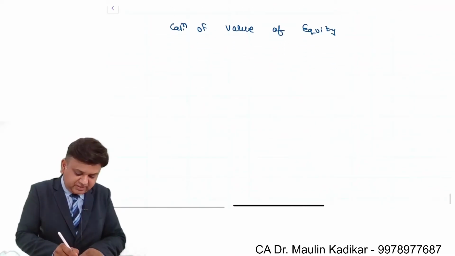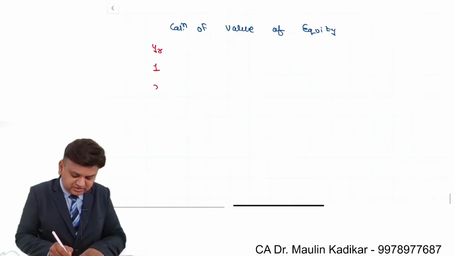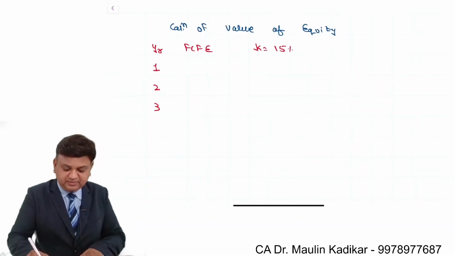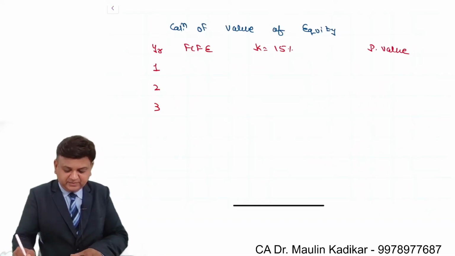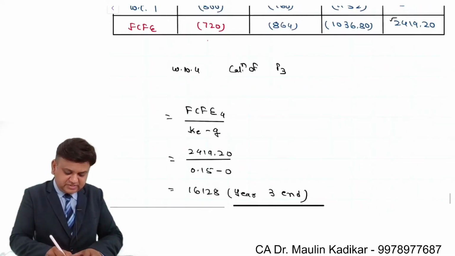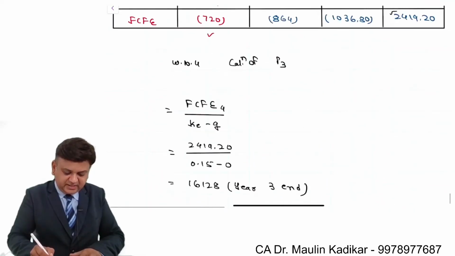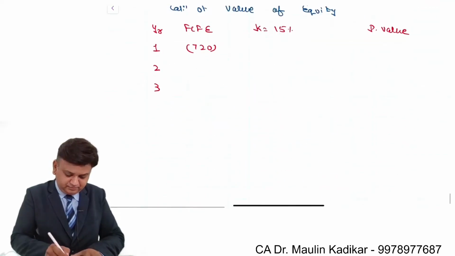In that, we will work out answer like this: first year, second year, third year. Free cash flow for equity. Cost of capital is 15%. So it is 720 is outflow. Then 864 is again cash outflow.